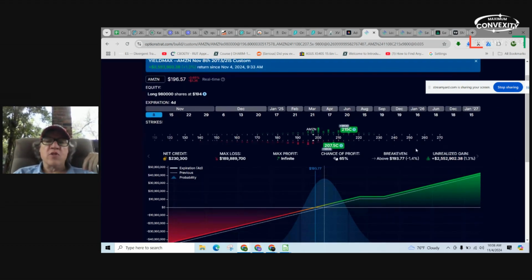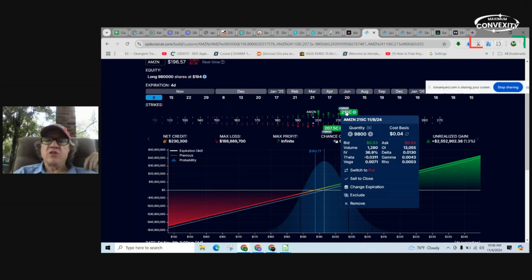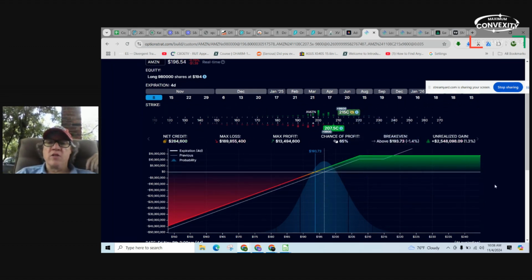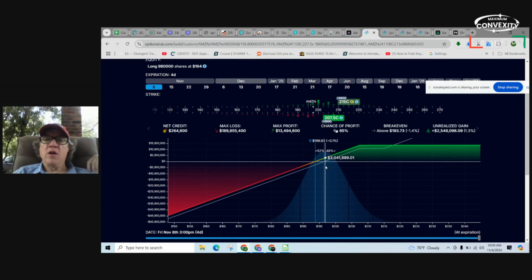So on this one, what they actually did is they sold the 207.50. So I always like to show this example. This is the way that they would have done it like 2 months ago. And there's nothing wrong with this way. If you do it this way, where you just sell a covered call, not a covered call spread, here's the upside you get.